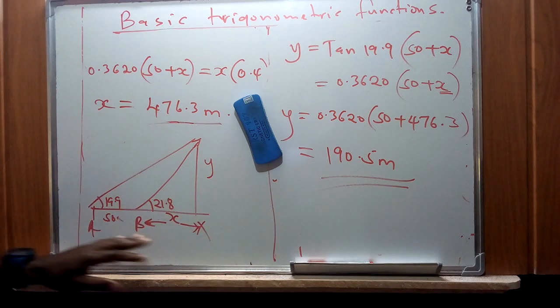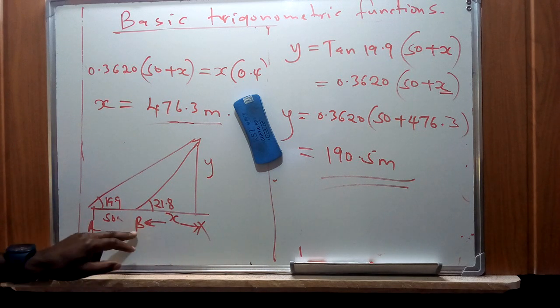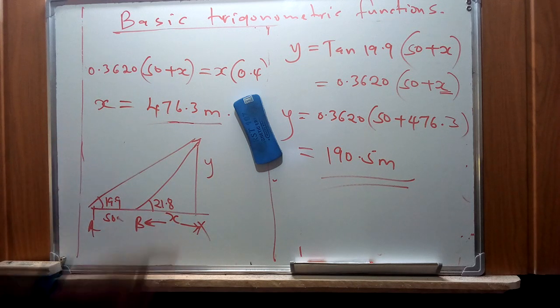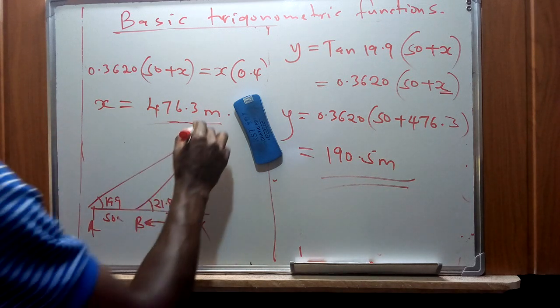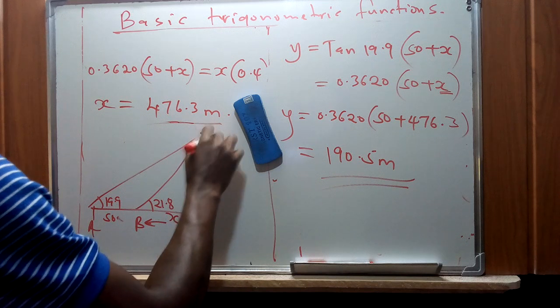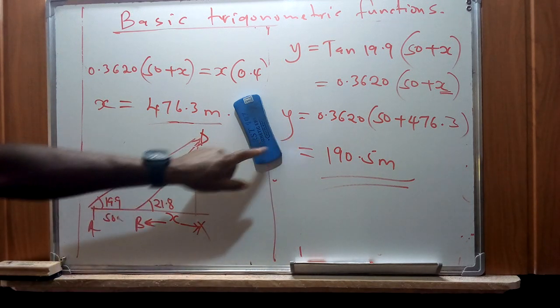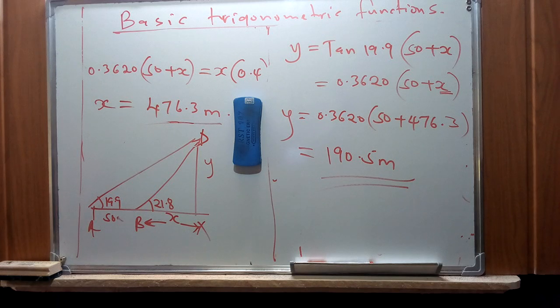So using the trigonometric functions that we talked about, we have been able to do a calculation and find out the distance between the points B and X, which is of course this one, X, and this point, perhaps just call this one D, XD, which is y, which has given us 190.5.